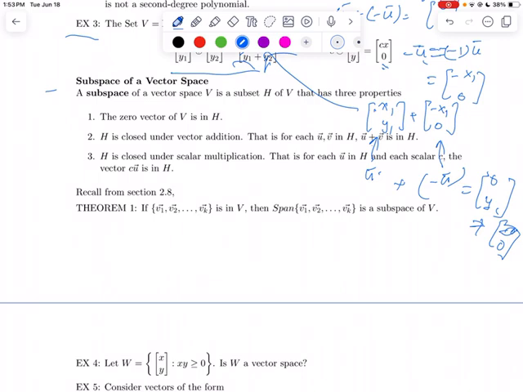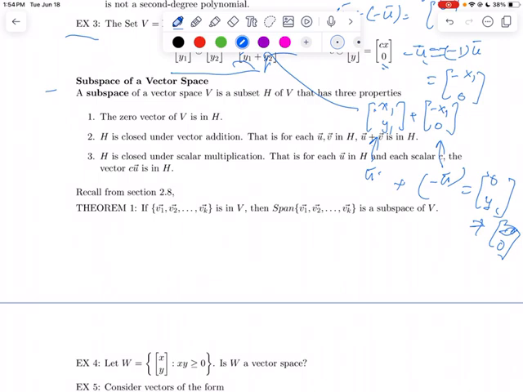Okay, now Theorem 1, we also saw this in section 2.8. It says that if you have a bunch of vectors, however many, doesn't matter, 3, 5, 4, 2, 1, then all the other vectors which can be written as a linear combination of these vectors form a set called the span of these vectors.